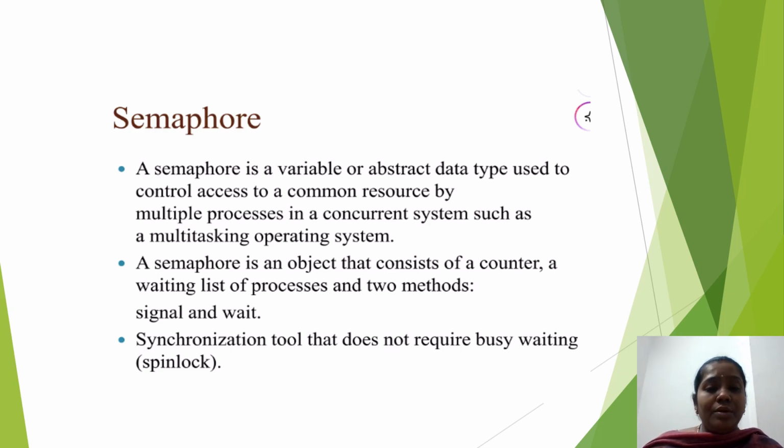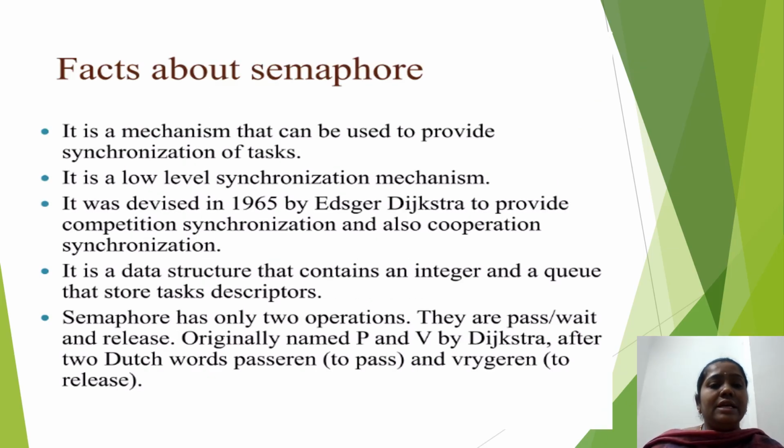We have to keep in mind that a semaphore is a variable or an abstract data type. The important facts regarding semaphores: it is a mechanism used to provide synchronization, and it is a low-level synchronization mechanism.